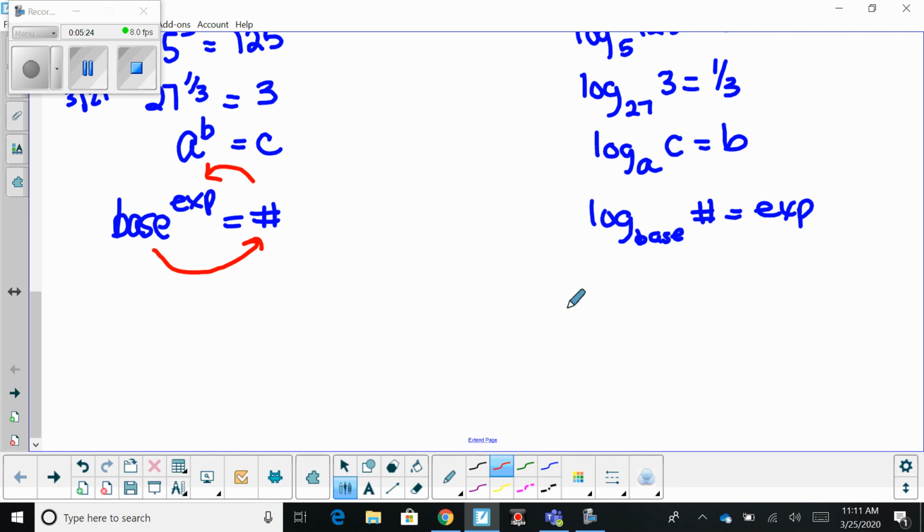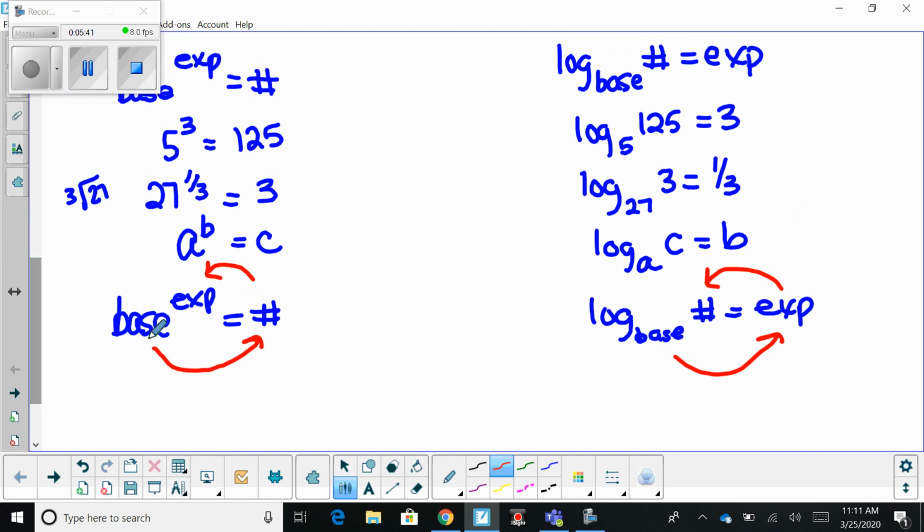Or if you're trying to switch something from log form into exponential form, it is going to go this direction. So if you can memorize those two patterns, or just think about this little circular motion, you will have to be writing back and forth between log and exponential form. You will see that quite often.